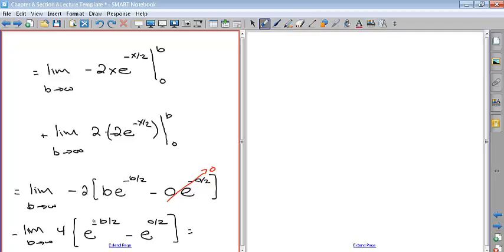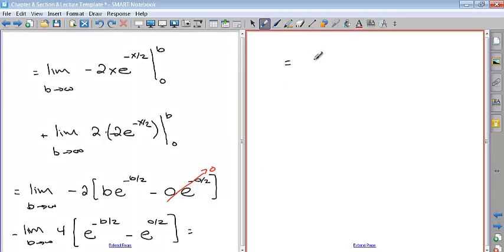Okay, so the first one is this goes to 0. I'm going to take the negative 2 outside of the limit. So it's going to be the limit as b goes to infinity of b times e to the minus b over 2. Here, if I apply the limit, I'll get b to the minus infinity.